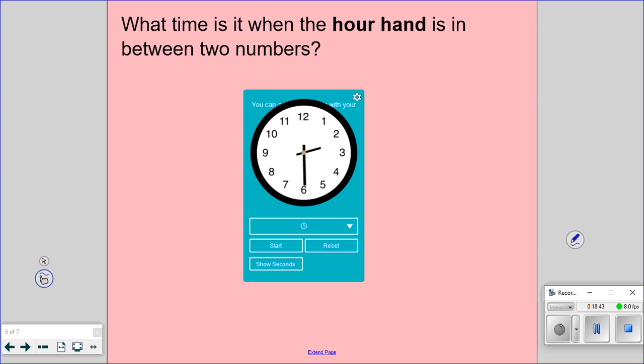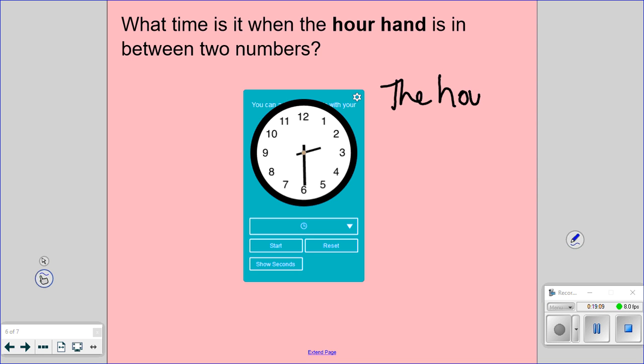All right, we just talked about that hour hand. That hour hand is moving slowly to the next hour. It's not going to stay pointing at the hour and then do a really big jump. That wouldn't make any sense. It's slowly moving to the next hour with each passing minute. Let's write that down.